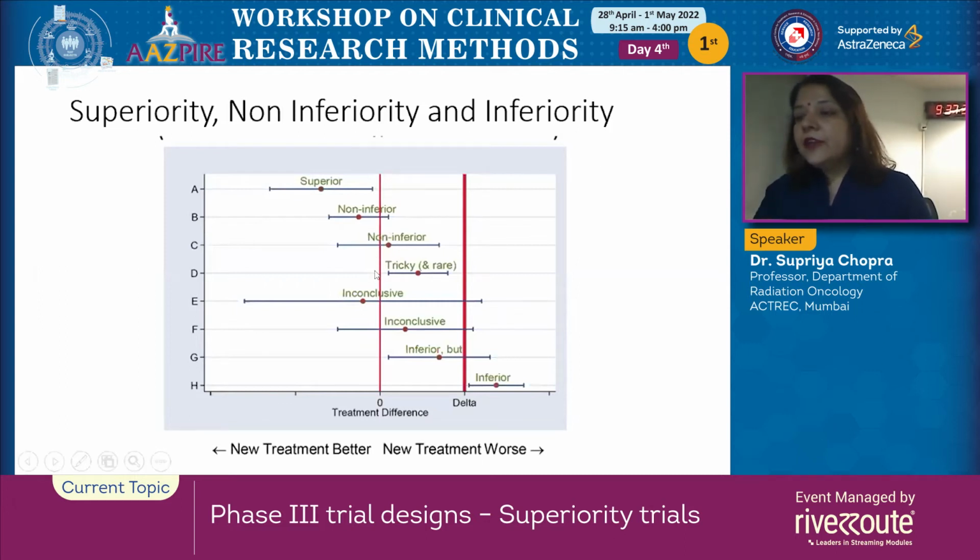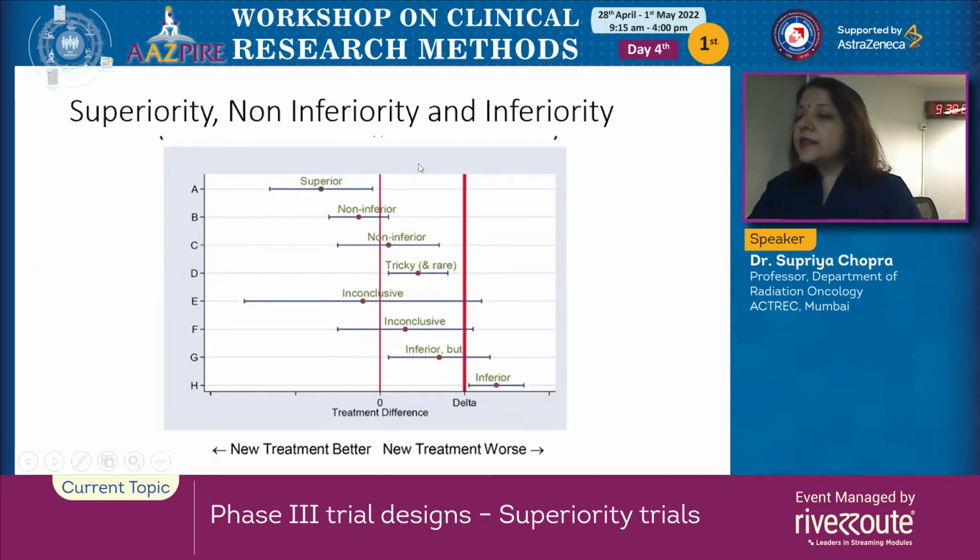And then when we do trials, we always define benefit, but we also define detriment. So there is always a statistical boundary of detriment. Here this dark red line is the detriment line. Till any intervention doesn't touch that detriment line, it is not inferior. It becomes inferior only if it touches the damage boundary, right?